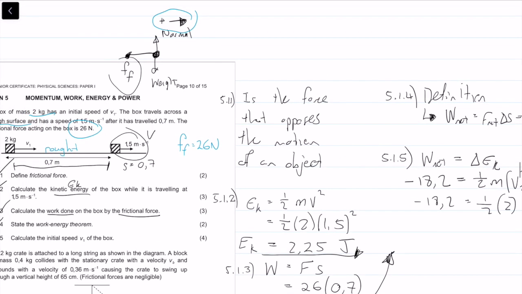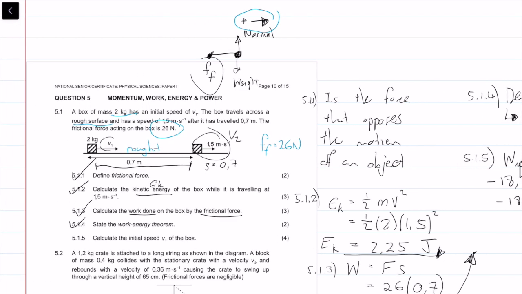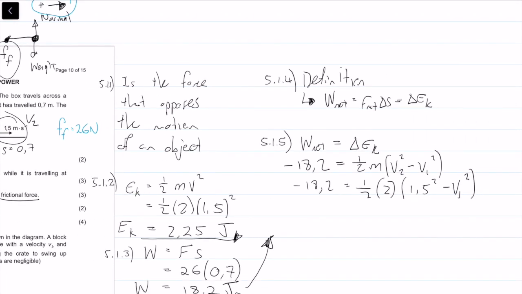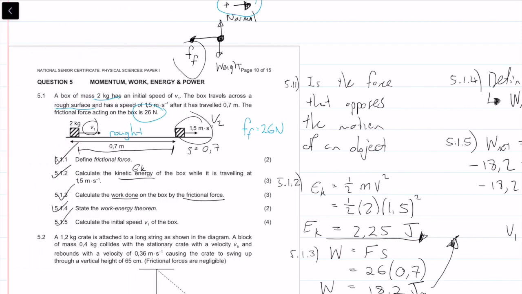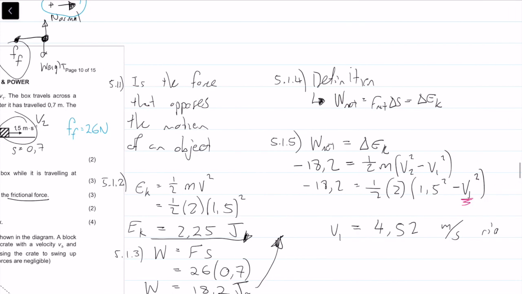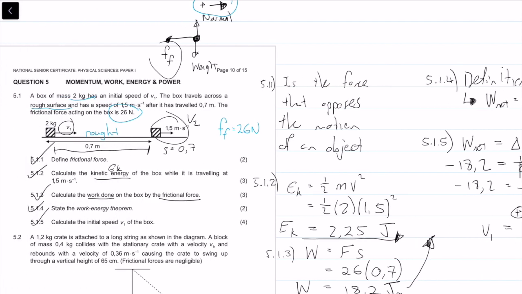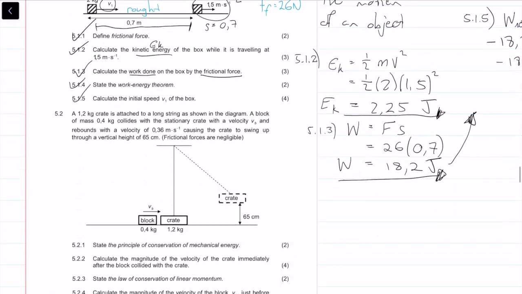So this would be position 2, v2, and this is v1. Okay, if we look at this equation, we have only one unknown, v1. So we can solve for v1, and that gives us a value of 4.52 meters per second. Okay, and v1 would have a direction, and the direction would be right. Because if we calculate the maths, we actually get a positive answer out, which tells us it was moving to the right, and that obviously makes sense in relation to the question that we've just done. Okay, cool stuff, and we get 4 marks for that.